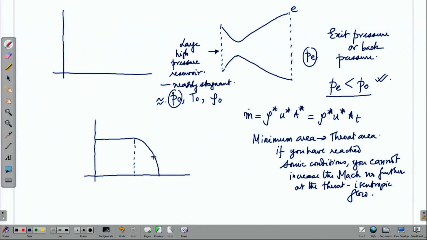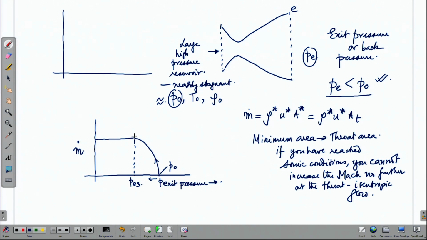So, what we were saying was that if you plot the m dot versus the change in exit pressure. So, when the exit pressure is plotted along the horizontal, there is 0 mass flow rate if the pressure is P naught, then you are reducing the pressure and bringing it to some other pressure over here. We will call it P E3 for now.